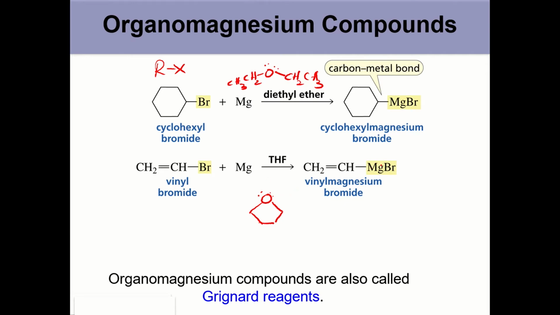Now once magnesium is inserted, just think how many electrons magnesium is already holding. So if I consider this whole group as an R group, the organomagnesium compound is more like RMgX. Now this X is things like bromine and chlorine, and this R is the carbon chain.